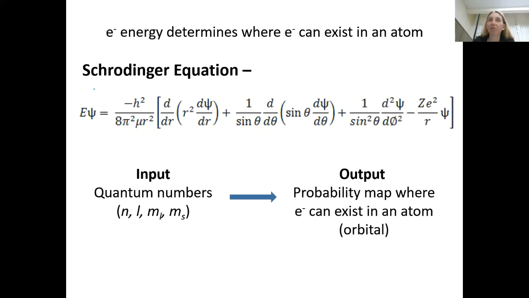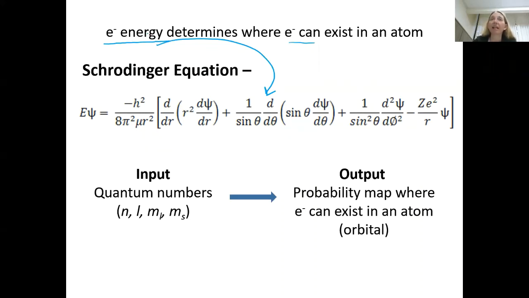We were talking about the Schrodinger equation and how we take the energy that an electron has and put that energy into the Schrodinger equation, and we can determine where those electrons are in an atom. Okay?